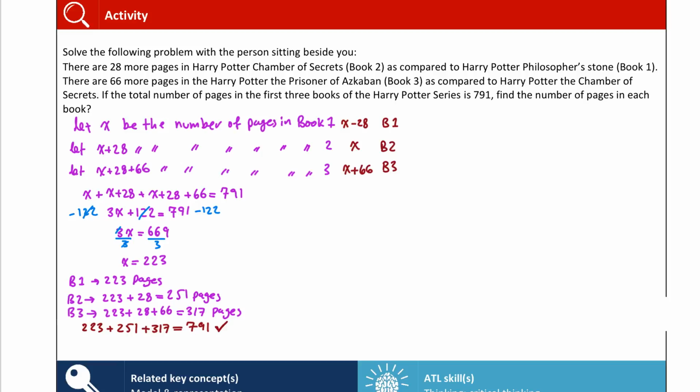And to write my therefore statement, I already have all these written out here, so I can therefore say the number of pages in each book are shown to the left.